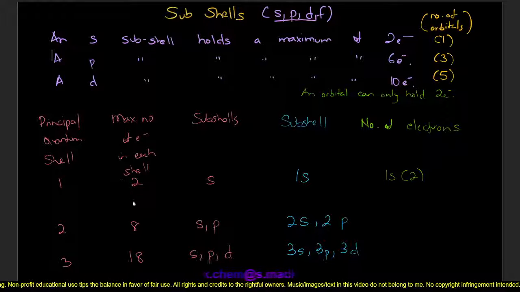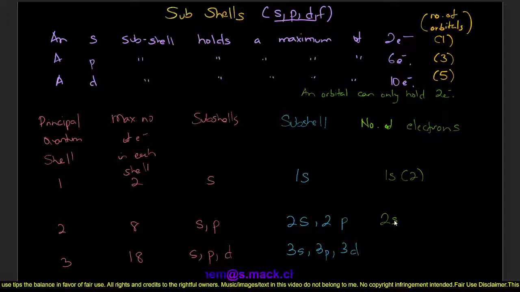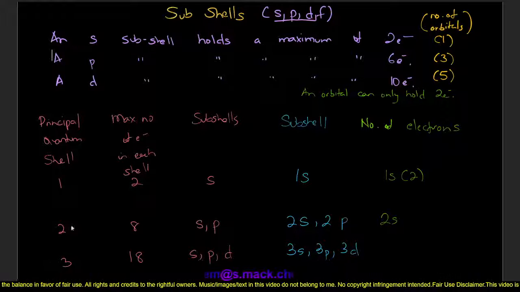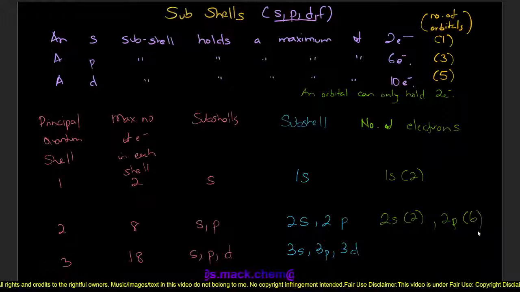This corresponds with the maximum number of electrons in the first shell. In the S subshell that we find in shell number 2, it would contain 2 electrons, and the 2p subshell will contain 6.